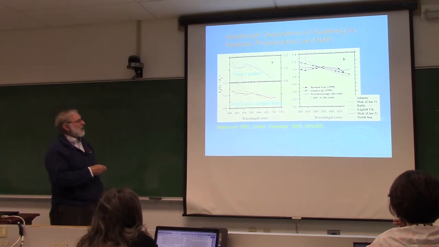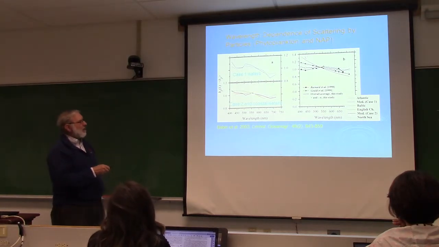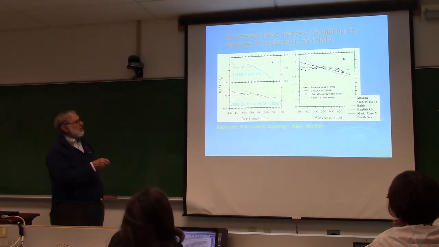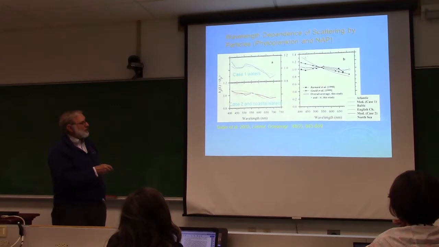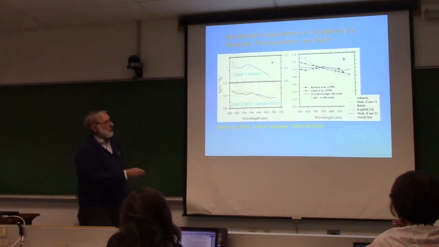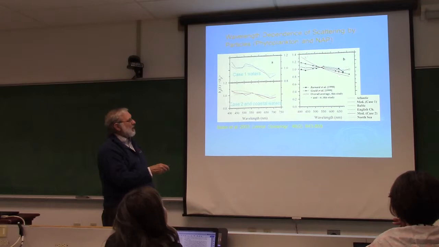But bottom line, here's the particle scattering coefficient normalized by its average value over the wavelengths they measured. And you can see there's some wavelength dependence here. It's not really strong. And here's case 2 water, several different sets of data. There's a little bit of wavelength dependence. Remember, water was basically lambda to the minus 4. If we take these data here and plot them, here's a lambda to the minus 1 curve in purple.